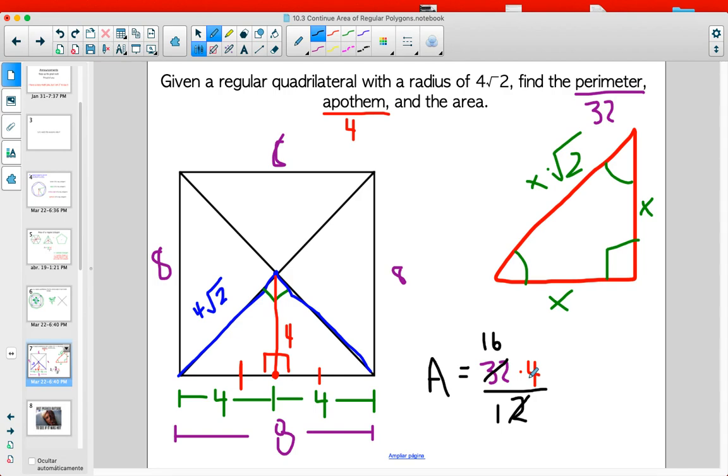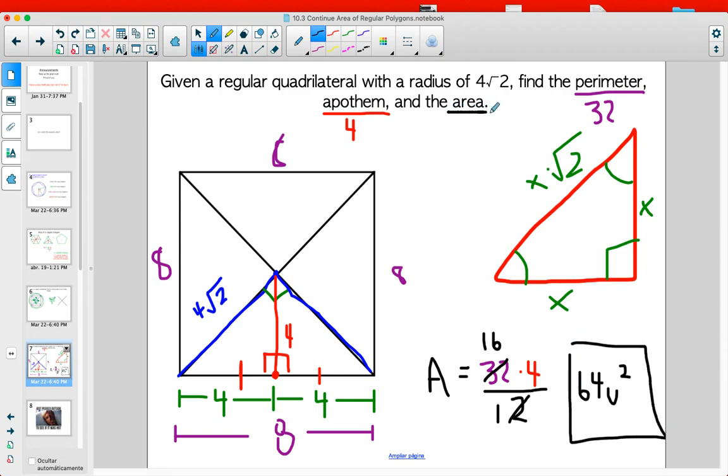So think about what 16 times 4 is, and that's going to give us 64 units squared. So the area of this regular shape, which is a regular quadrilateral, is 64 units squared.